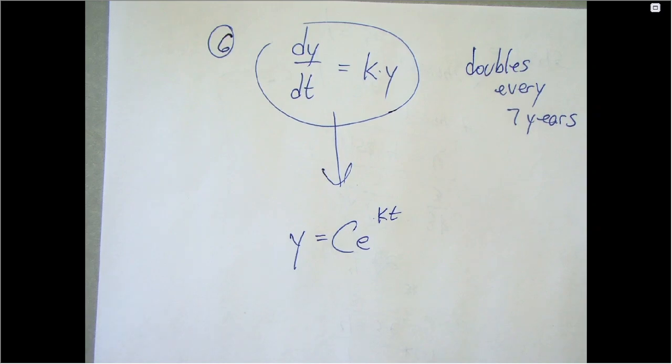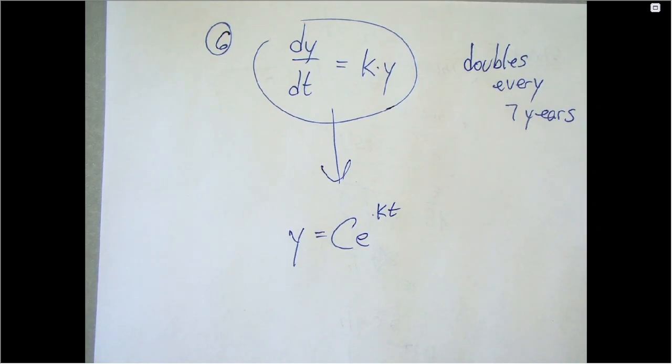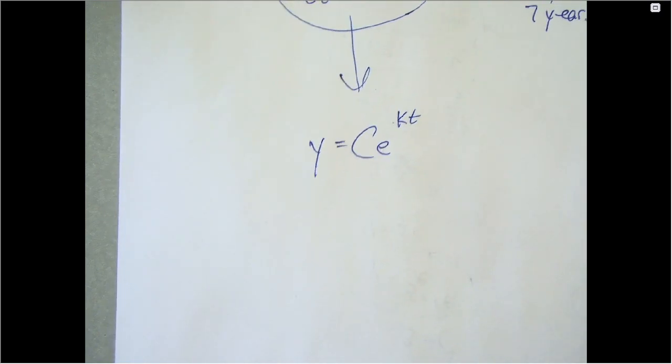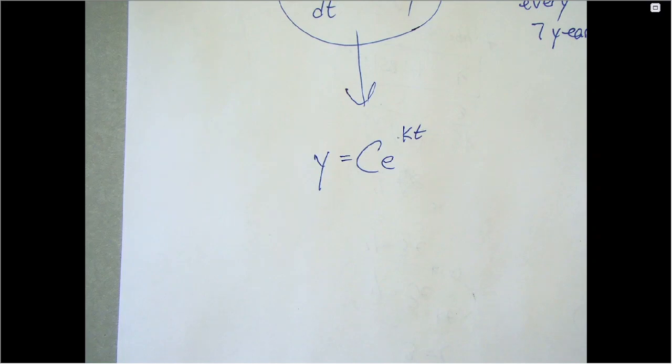So think about what would happen. Because a lot of people are like, well, how do I know what I start with? Great, it doubles the one I start with. It doesn't matter. So there's going to be a 7 here. That's 7 years. Let's say I started with 50 grams, whatever. If it doubles, what would go here? 100.